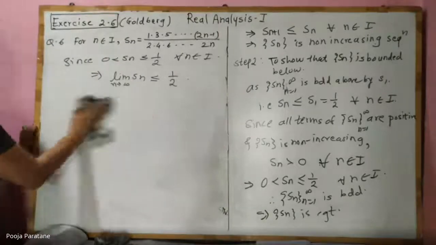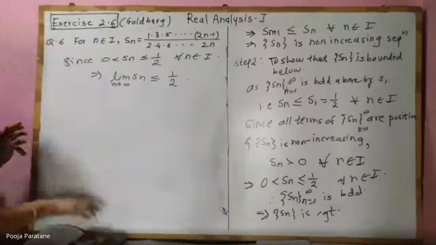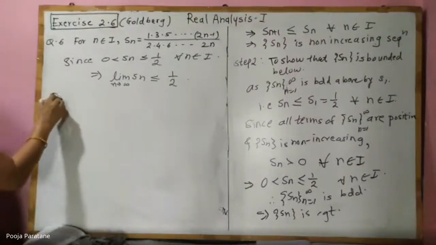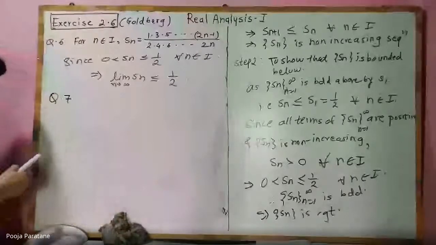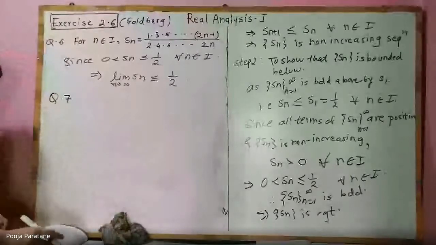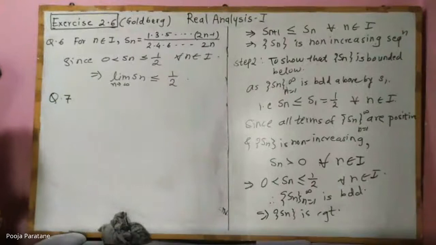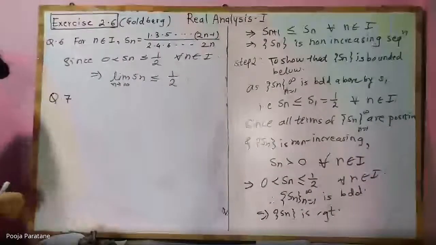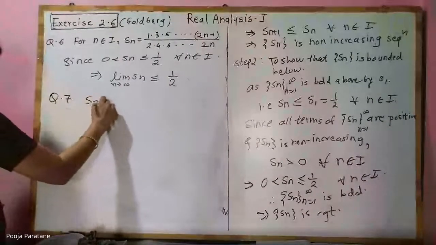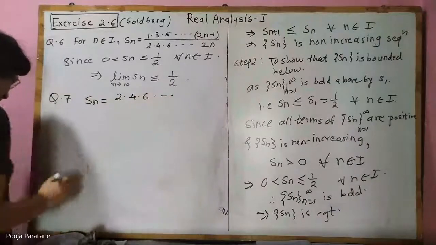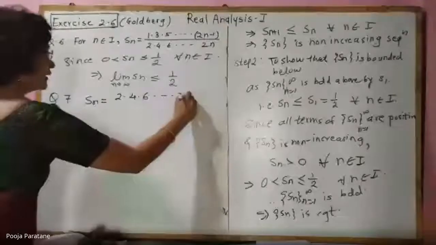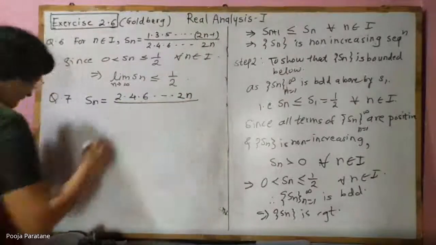Let us go to the next question, question 7. It is the same type of question, but here we have to prove that it is non-increasing only. Here Sn is given, a little bit different than this Sn.